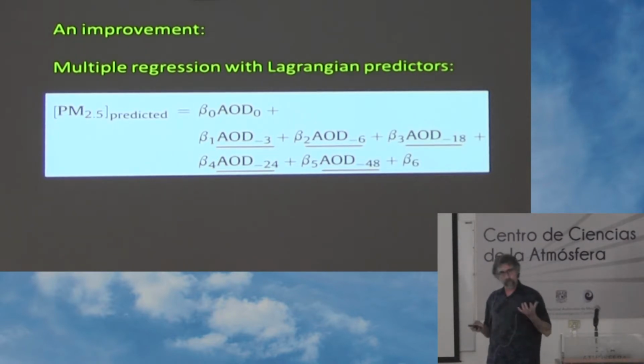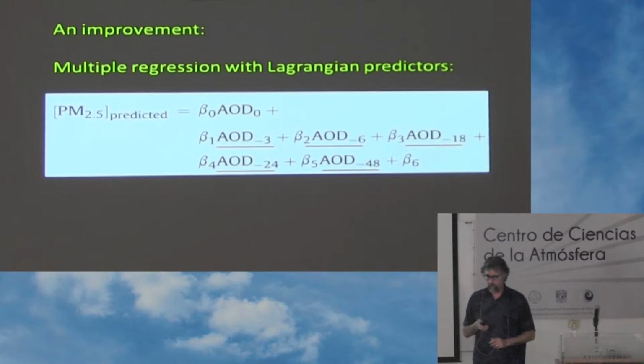So using a backward trajectory, you can determine where this air was 3 hours upwind. This is the aerosol optical depth at that location. And 6 hours upwind and 18 hours upwind, etc. So that's the improvement to the model that we proposed.